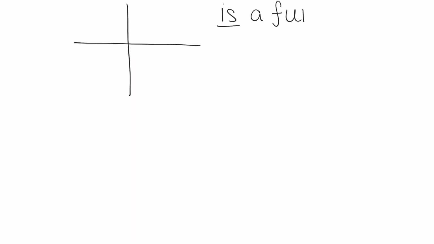Now, on a graph, if something is a function, then the line or curve that will be created will pass what we call the vertical line test. And what that means is that you can take your pencil and put it anywhere on this curve, and if you lay it down vertically, it will only go through one time.